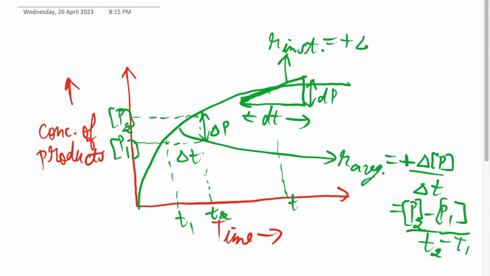So our instantaneous rate is plus dp by dt.